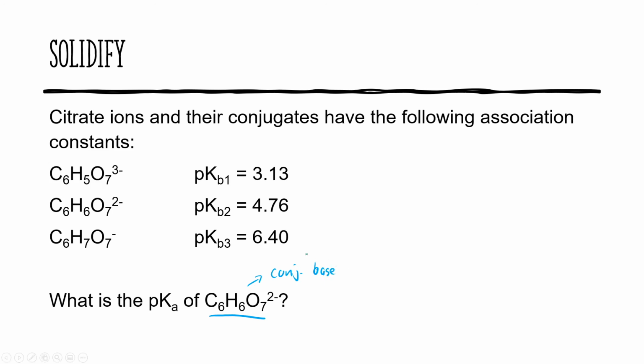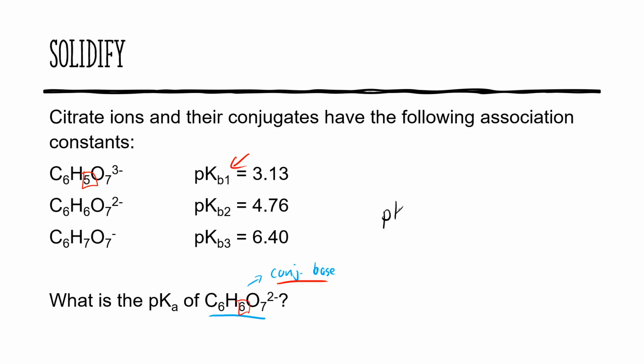So what is going to be the conjugate base? Well, that will be when this thing has lost a proton. So if it's lost a proton, we're going to go from 6 to 5. And this first one is going to be the relevant pKb.